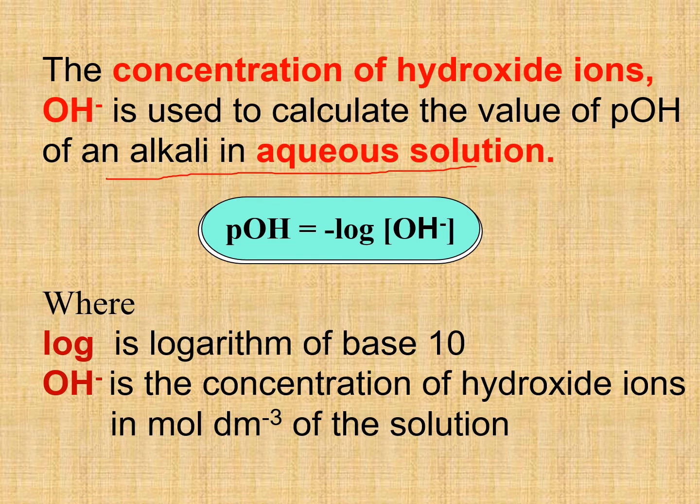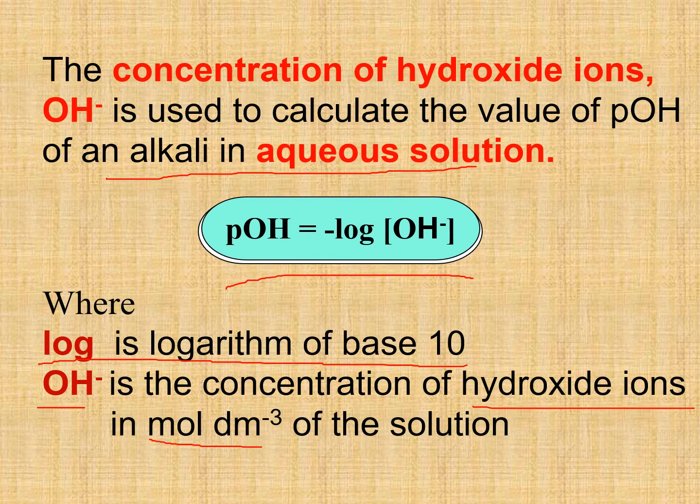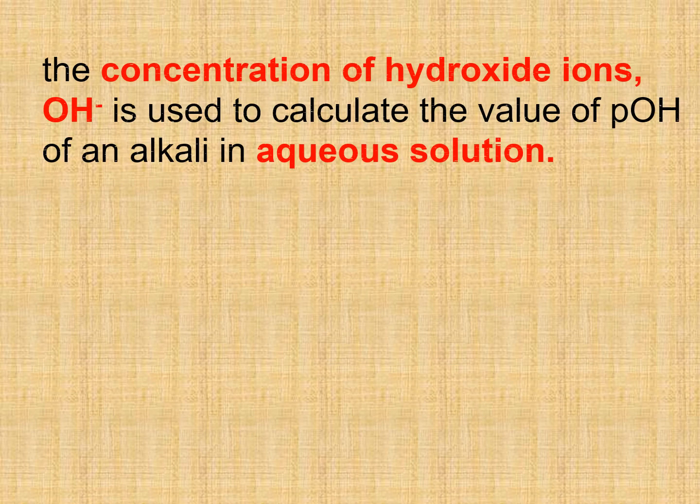So the formula of pOH is equal to negative log concentration of OH minus ion, where log is logarithm of base 10, while OH minus is the concentration of OH minus ion in mole per dm cube of the solution. Actually, OH minus, we have a bracket to show it is the concentration of OH minus. The concentration of hydroxide ions is used to calculate the value of pOH of an alkali in aqueous solution.